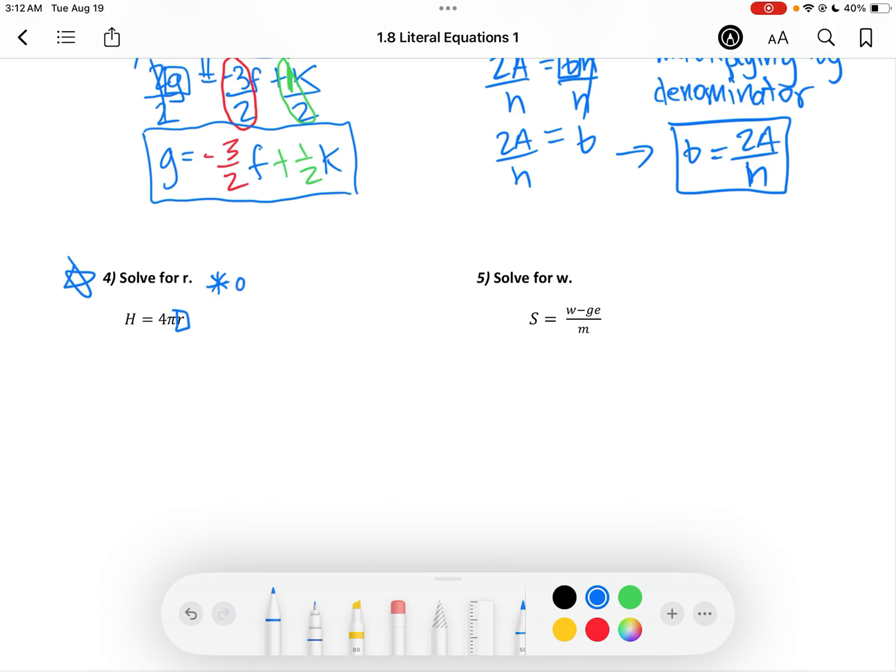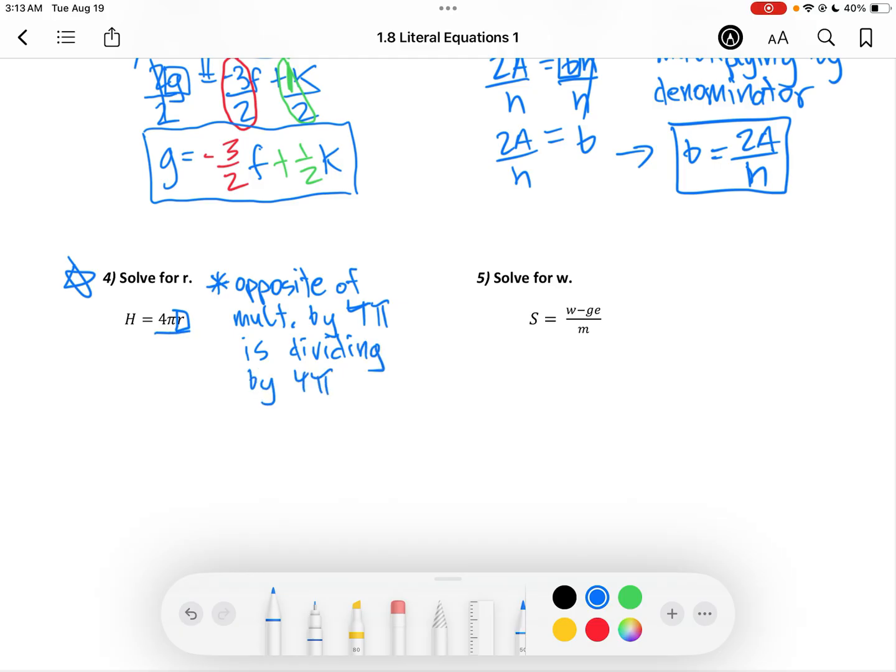So the opposite of multiplying by 4 pi is dividing by 4 pi.